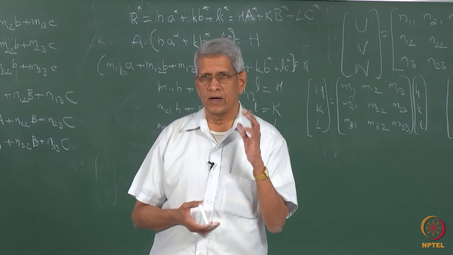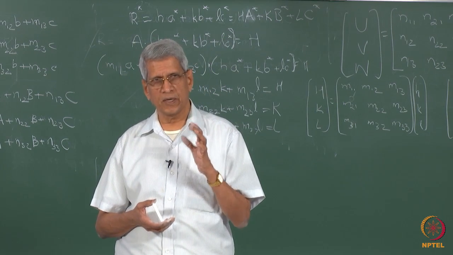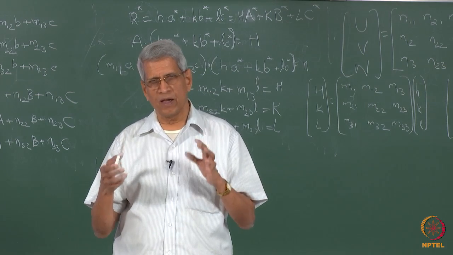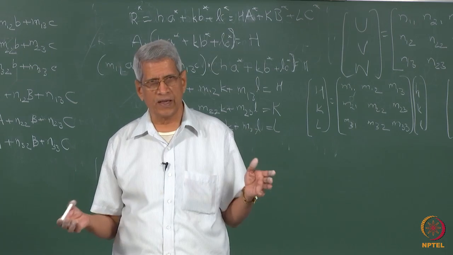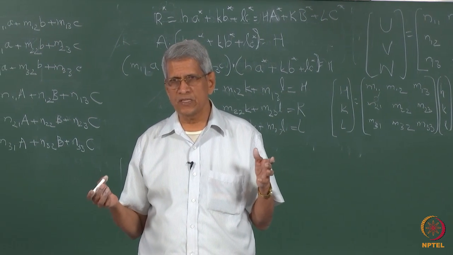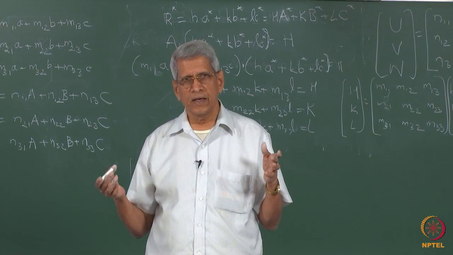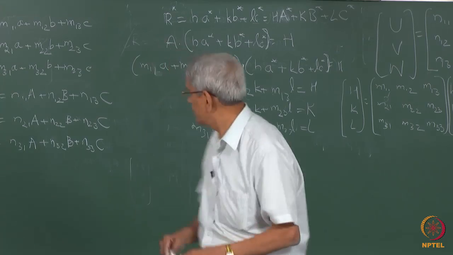So if you make a unit cell, because as we have discussed earlier, a unit cell is not unique. Even for a hexagonal lattice, we can make a unit cell which is essentially an orthorhombic type or a rectangular type of unit cell.